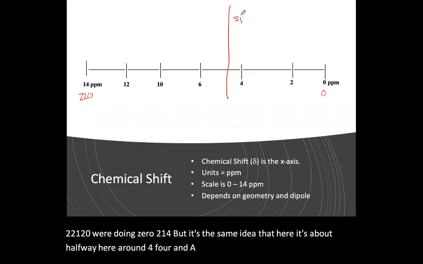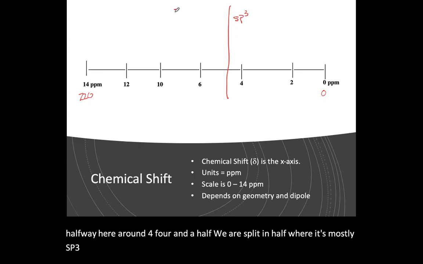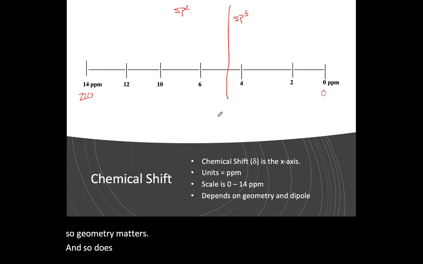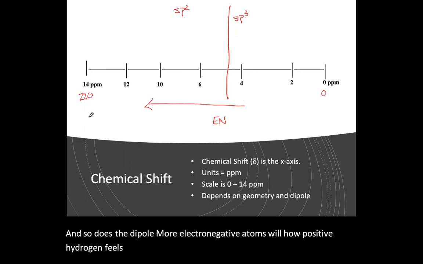We're split in half where it's mostly sp3 down here and sp2, just a generalization. sp2 above, sp3 below, so geometry matters, and so does the dipole. More electronegative atoms will impact how positive a hydrogen feels, and it will move it further downfield.